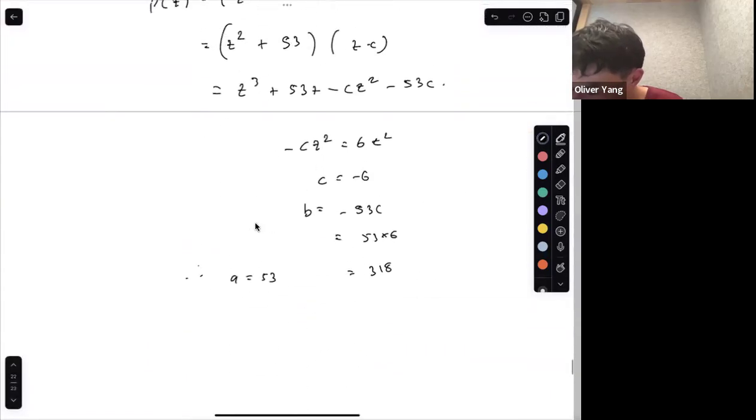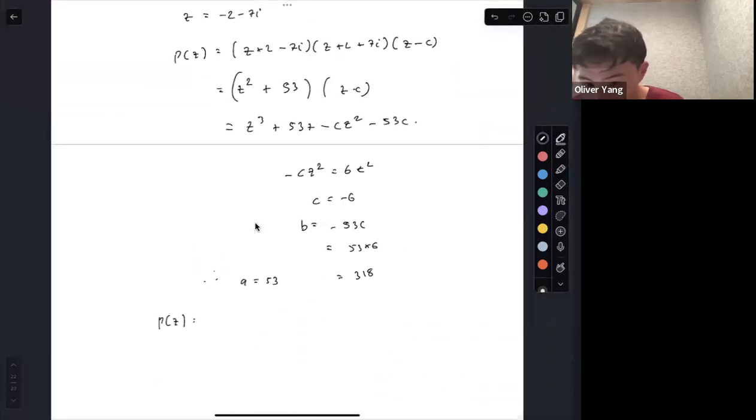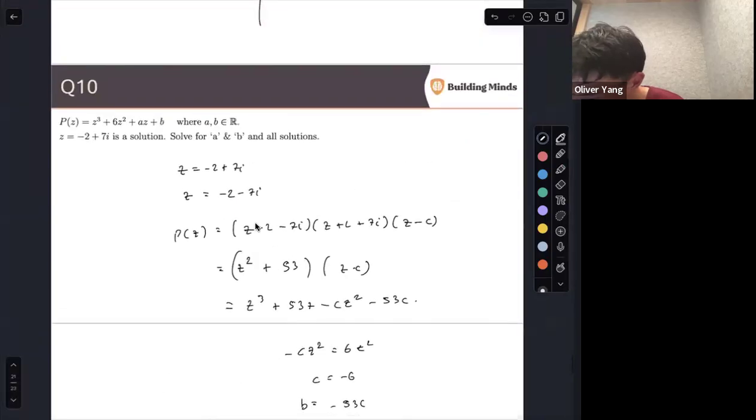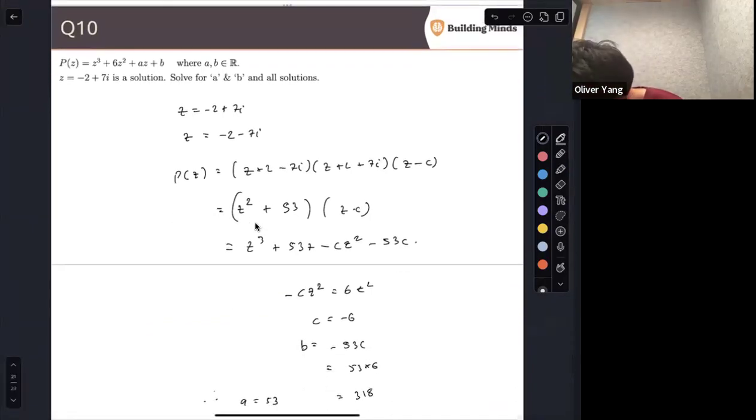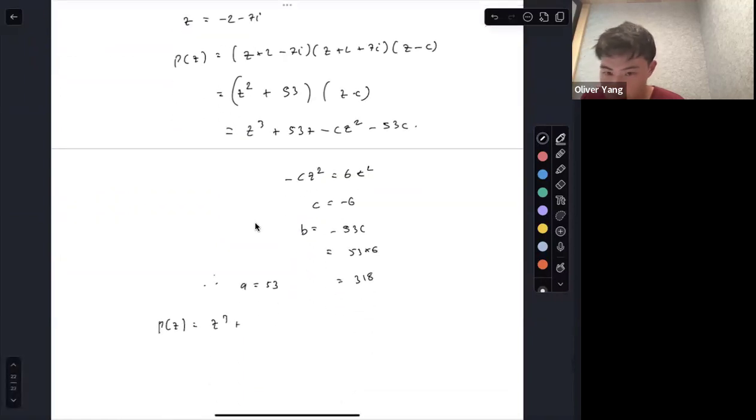Okay, and so therefore P of Z equals Z cubed plus, how the hell did you get 4Z squared? What is what I've got is wrong?